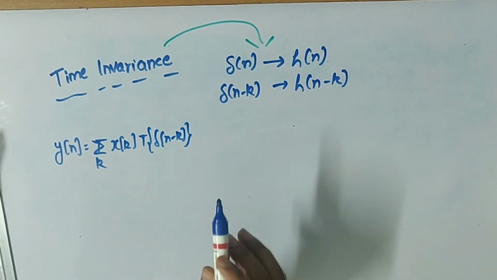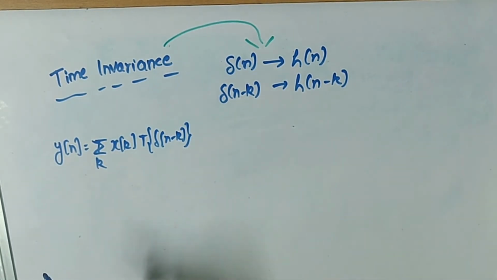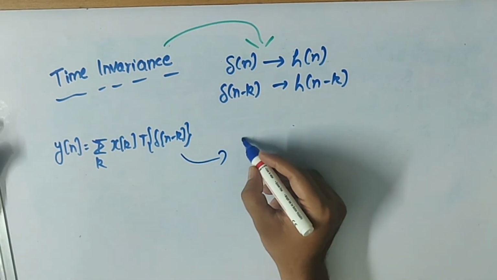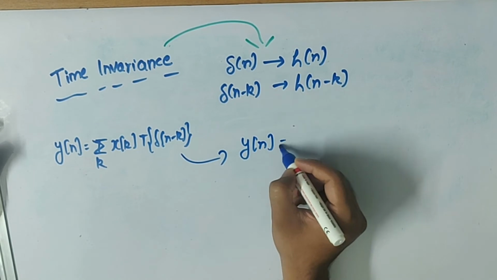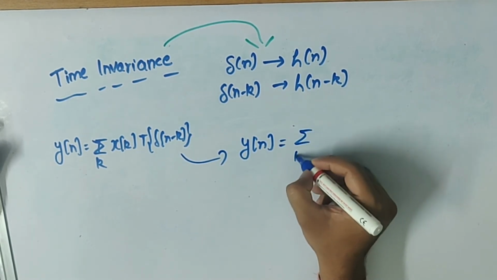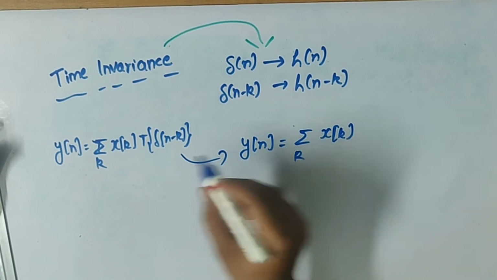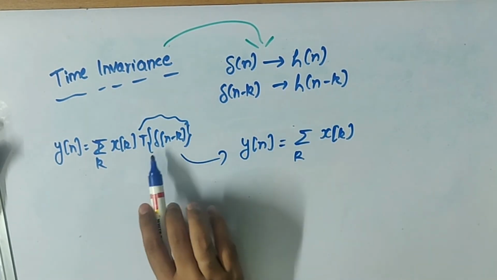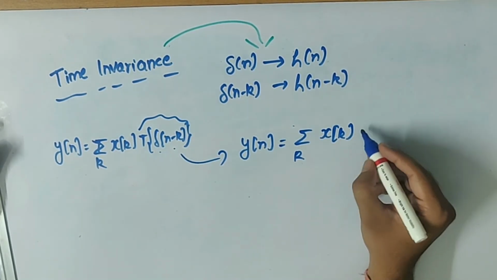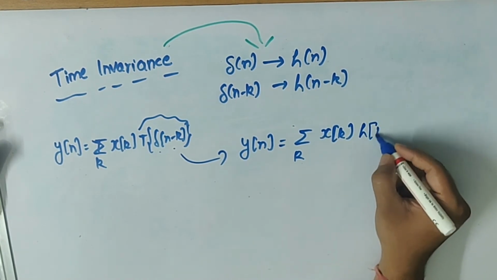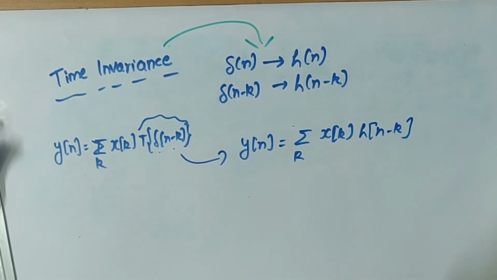With time invariance, we can write y[n] equals summation over k of x[k] times the output when the input is delta[n minus k], which is h[n minus k].